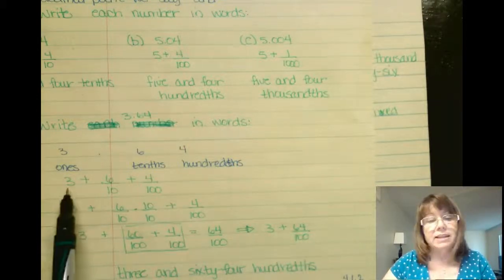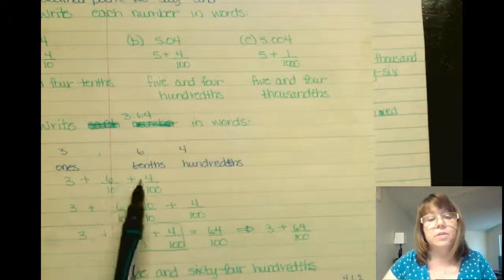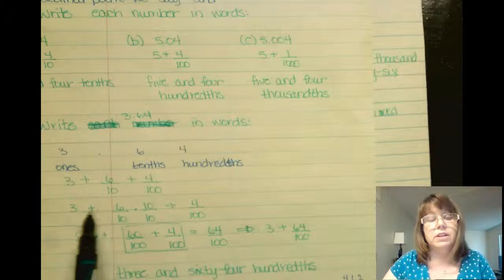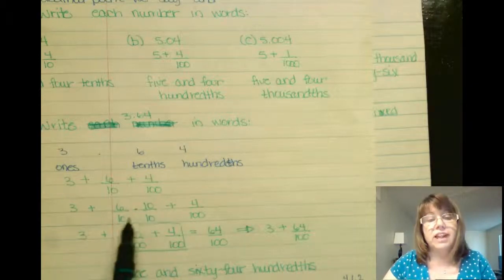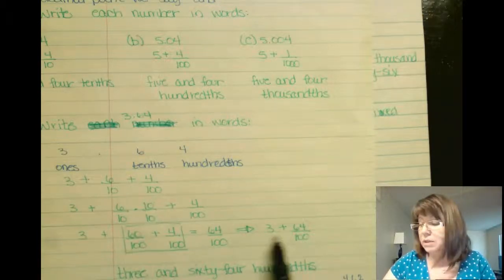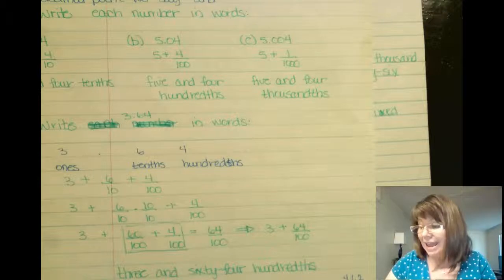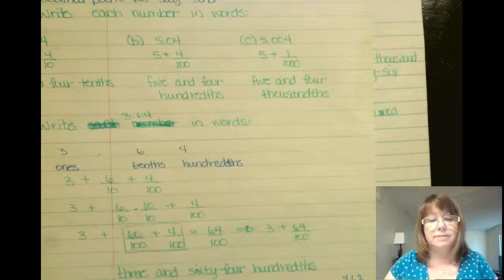So let's take that again. 3 plus 6 tenths plus 4 hundredths. We add the fractions together by finding the common denominator, and that will give us 3 plus 64 hundredths, which gives us 3 and 64 hundredths.